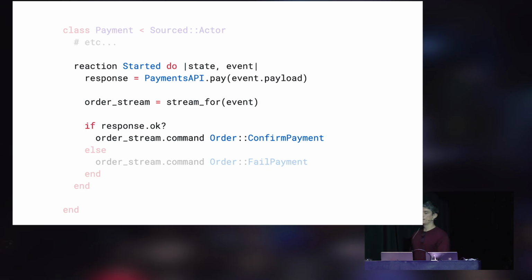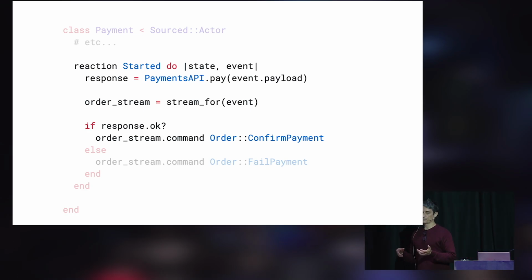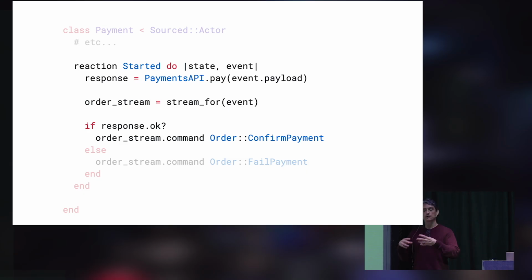And then the payment actor, again, reacts to its own started events, and here it calls the expensive API call, the third-party payments gateway. And if that's okay, if the API responds that yes, the payment was done, I can again create a stream identifier for the parent order that sends the original event, and I can send a command confirmation back to it, confirming that the payment was done.